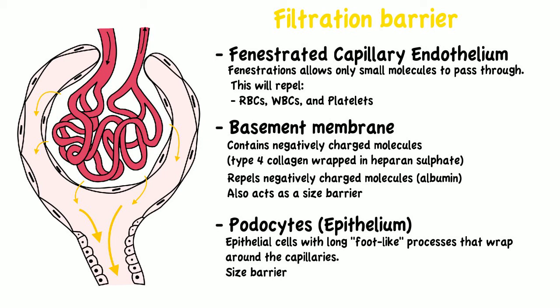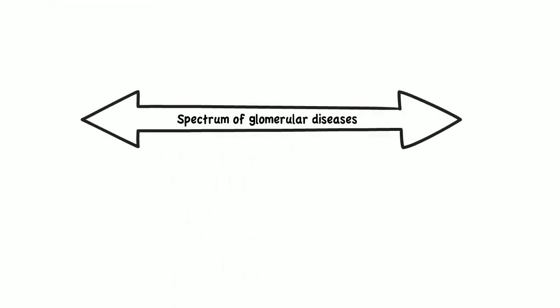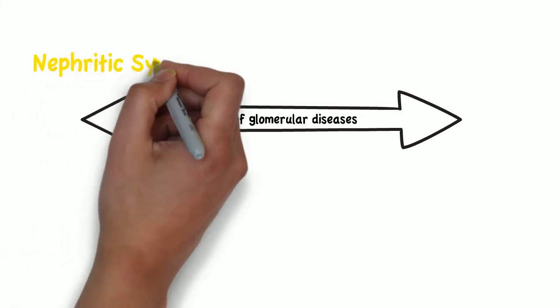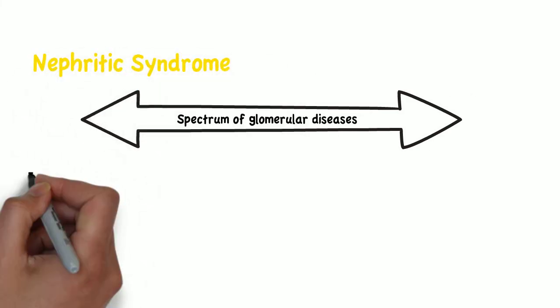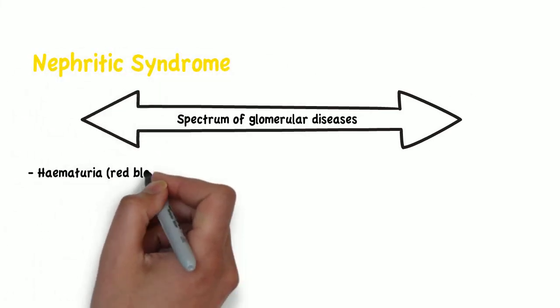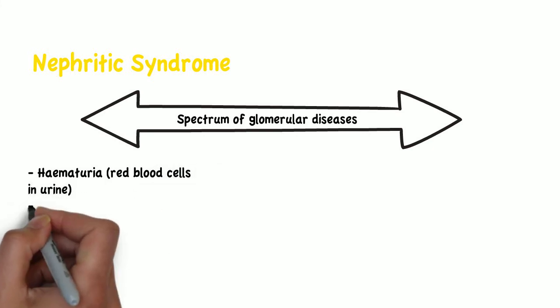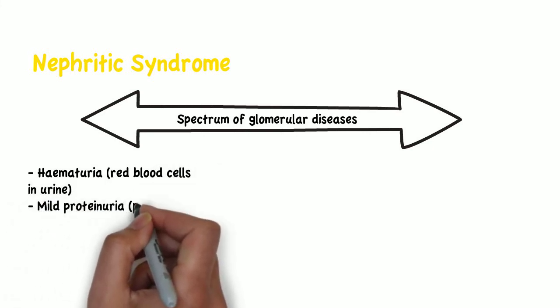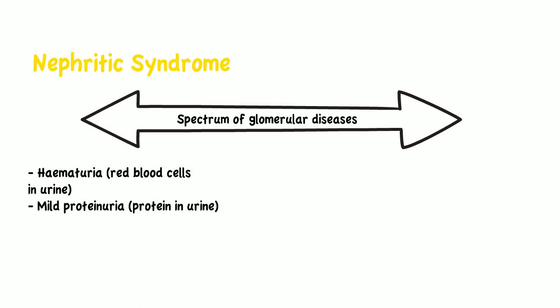So, on a fundamental level, glomerular diseases lead to a breakdown of the filtration barrier, which will lead to things in the urine that shouldn't really be there, specifically red blood cells and proteins. On one end, we have nephritic syndrome, where the patient will present with hematuria, or red blood cells in urine, and mild proteinuria, or protein in urine.